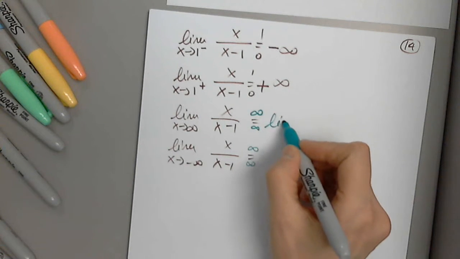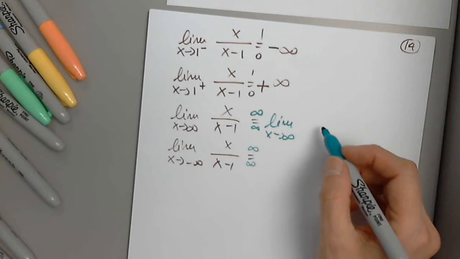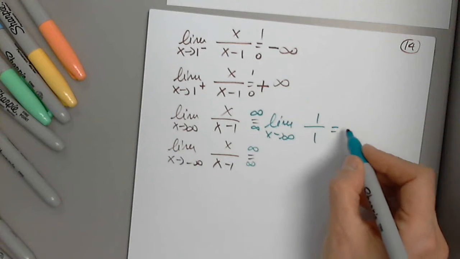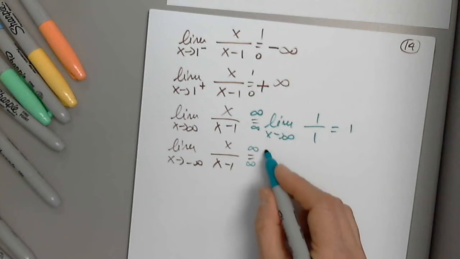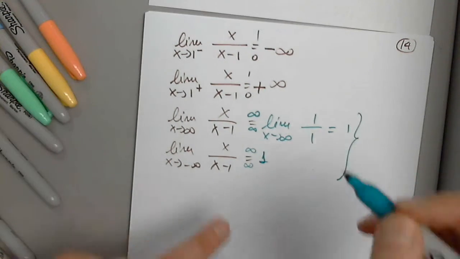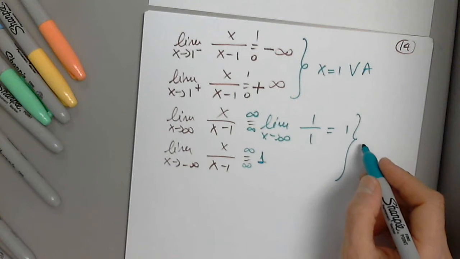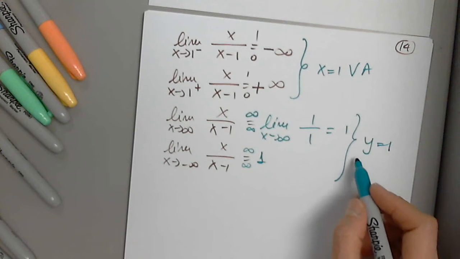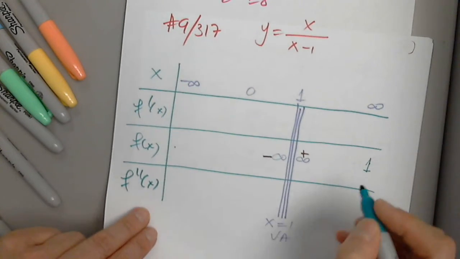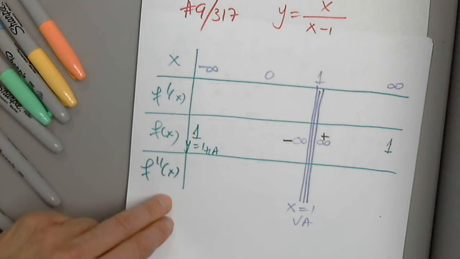So limit x approaches infinity, the top goes to 1, the bottom goes to 1, so the limit is 1, and there is no difference for the other one. What does that mean for the function? This means that x equals 1 is a VA, and this means that y equals 1 is a horizontal asymptote. Excellent. Well done.